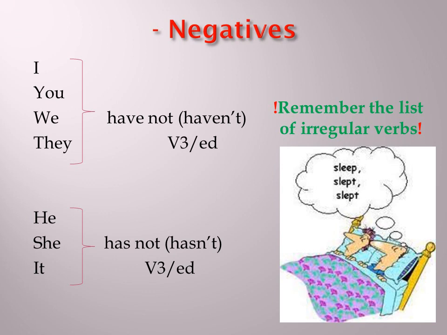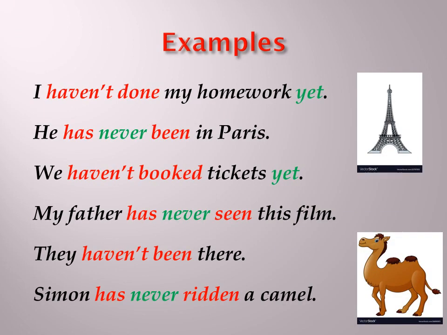Negatives. We make negative sentences with the help of the negative particle not. We add this particle to the auxiliary verbs have or has. Please don't forget to remember the list of irregular verbs. Look at the examples.